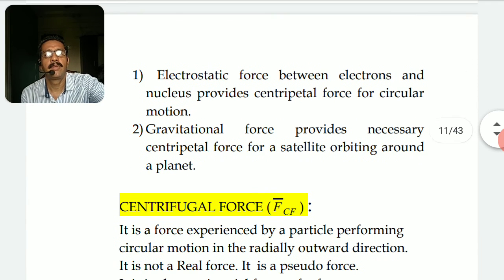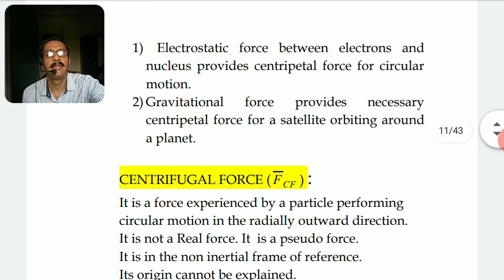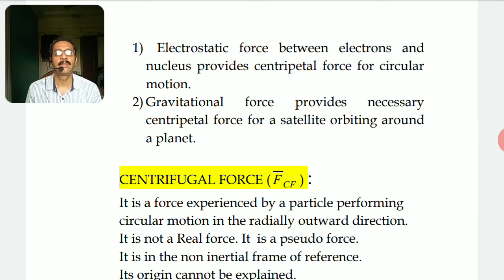For example, we have two examples explained here. One is that whenever you talk about electrons revolving around the positively charged nucleus, it is the electrostatic force, or what we call the Coulomb force of attraction, that gives the necessary centripetal force.